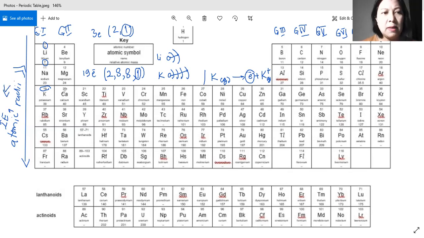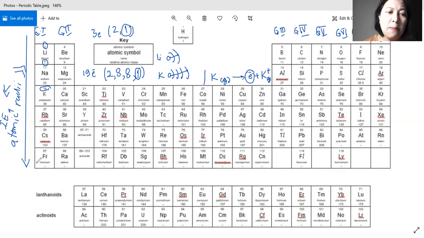Okay, so it means that the nearer the atomic radii, the stronger the attraction force toward the outermost electrons. So then bigger energy is required in order to release the electrons.